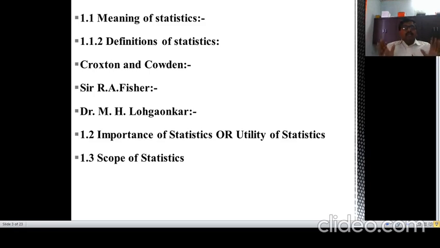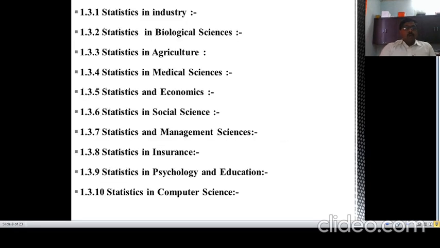Statistics in industry. Industry makes use of statistics at several places such as administration, planning, production, growth and development.